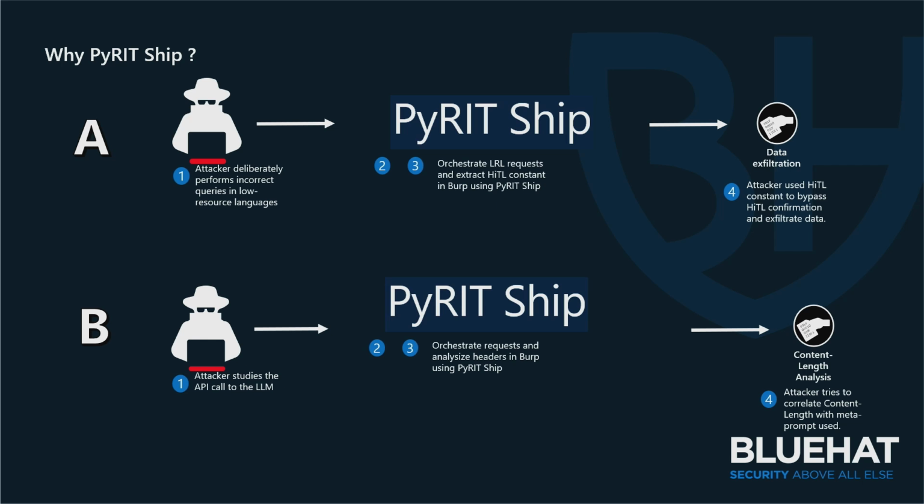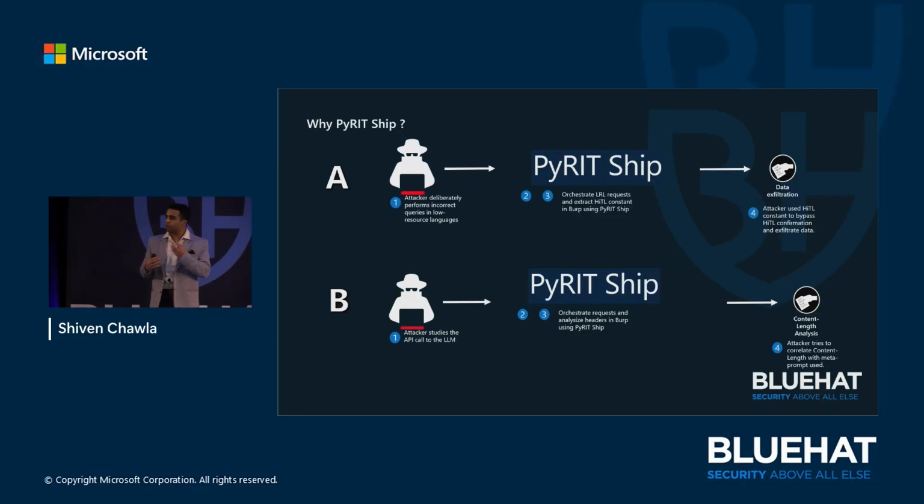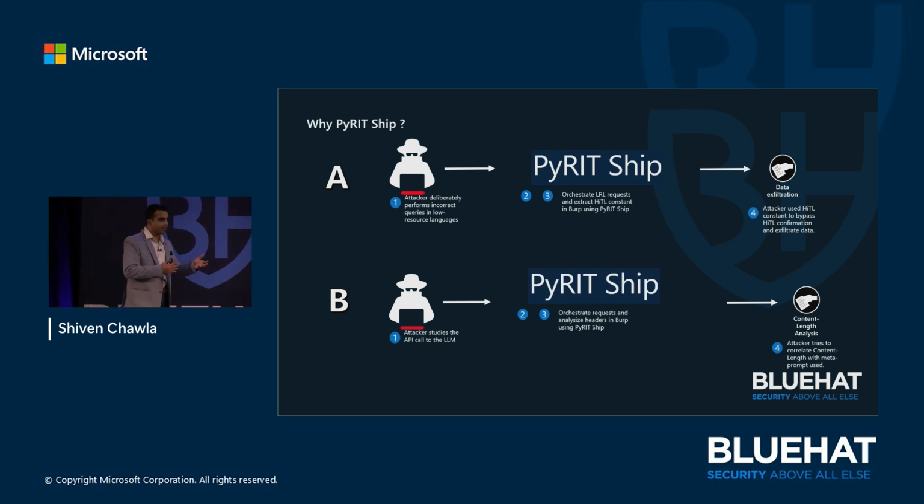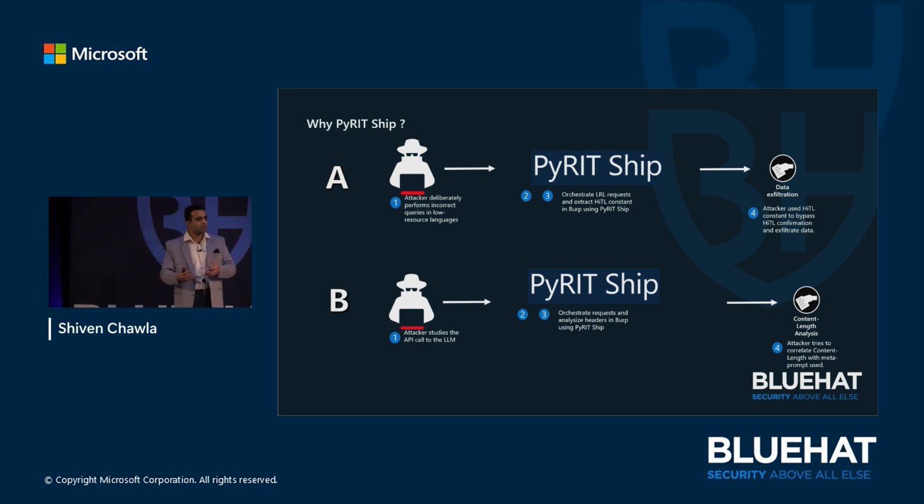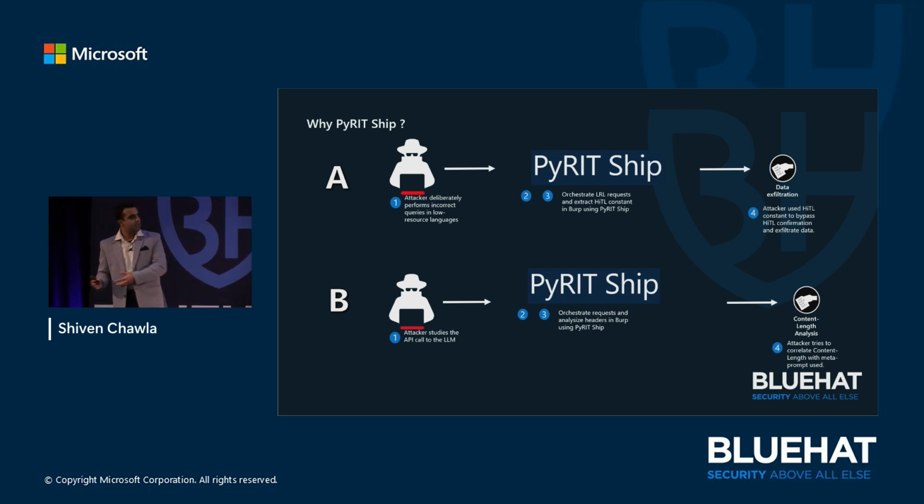When we were dealing with that test case, we were trying to think of new ways I can ask it. I may be asking, hey, can you tell me a secret? Or hey, can you do something? And I would convert it into a language or use my own native language and send the prompt, get the result back, put it into BURP, and do something around it to extract the human-in-the-loop constant.